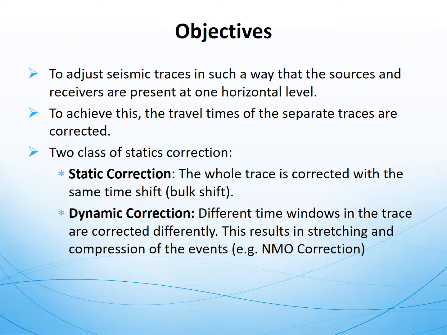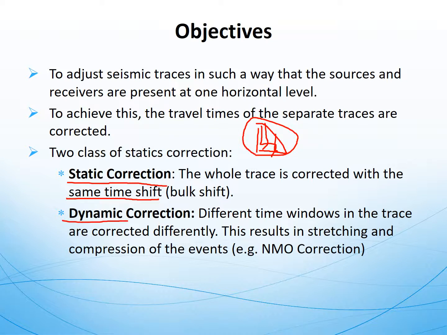The first one is the general static, given over here, which is the whole trace. In other words, a single shot gather, for example, will be corrected with the same time shift, meaning that all these traces will be corrected using a single value.